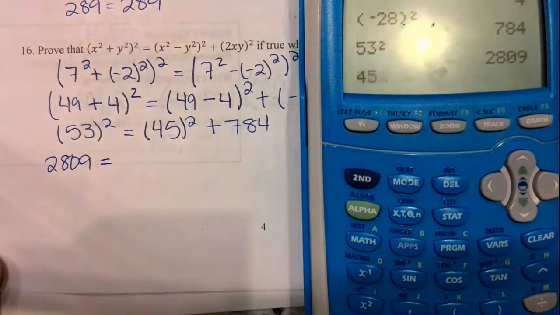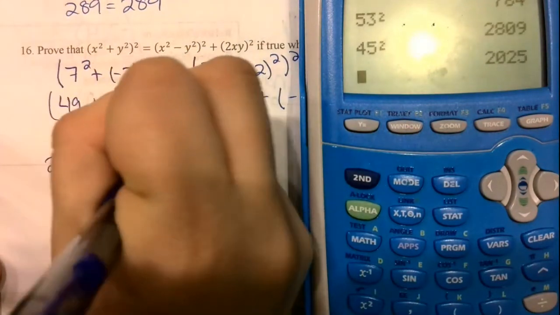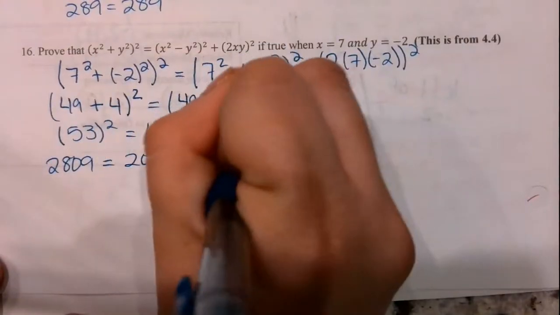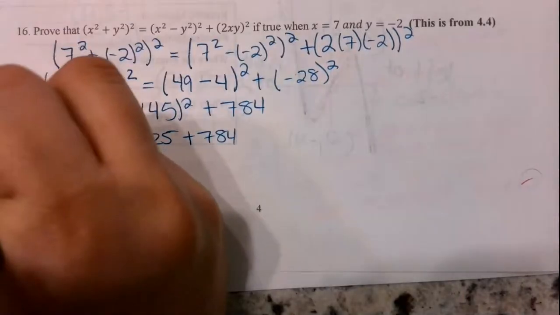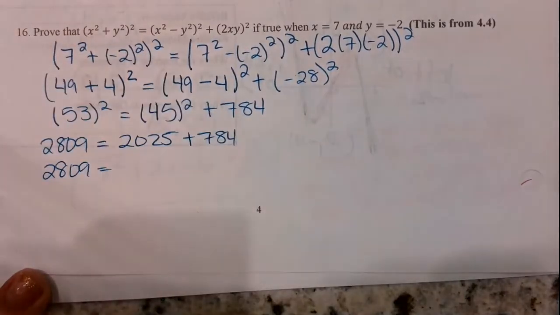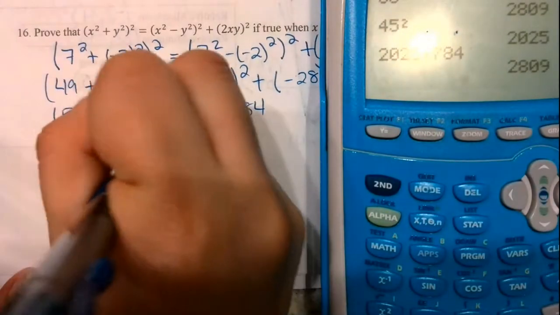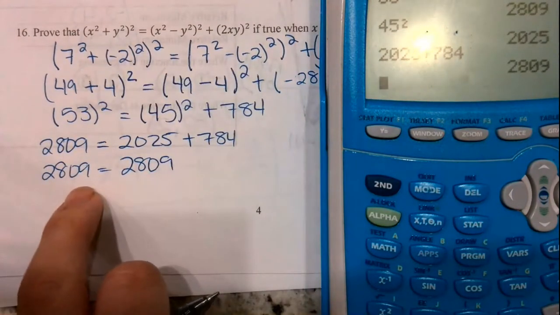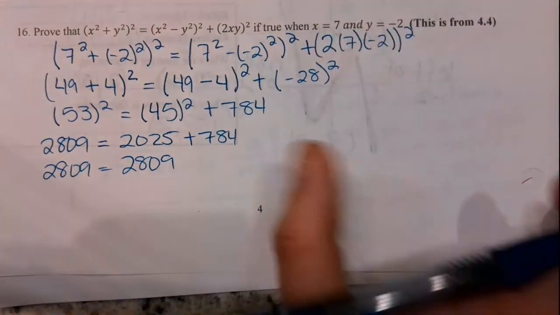Equals 45 squared, I do not know, so I'm going to type in the calculator. 2025 plus 784. And then all I need to do for my last line is check on my calculator that 2025 plus 784 adds up. It does. So remember when I do this on the test that I write my final statement, that whatever it equals itself.